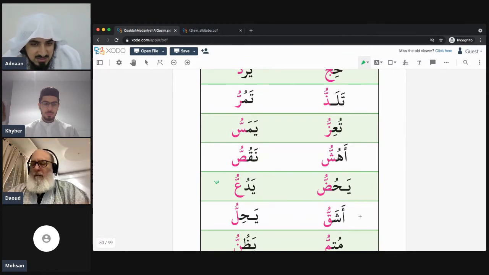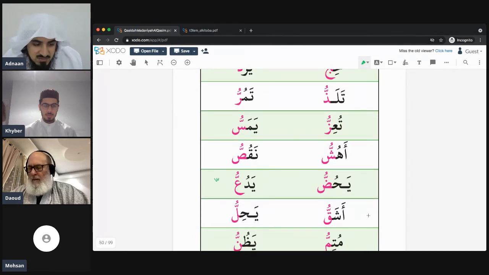If it's in the middle, it could be on top of a waw, or on top of a ya without dots, or it could be on the line. And if it's at the end, there's a way to write it. So it's all the same pronunciation for Hamza. And then Mamduda, the minute you see that wave, you make an ah sound, you pull it a little bit. Okay. All these things, when you recite the Quran, you'll see.